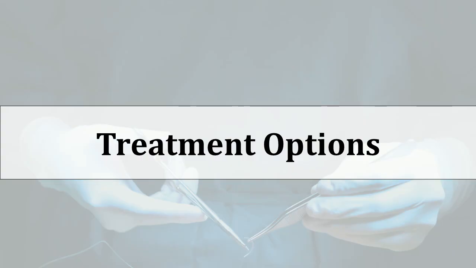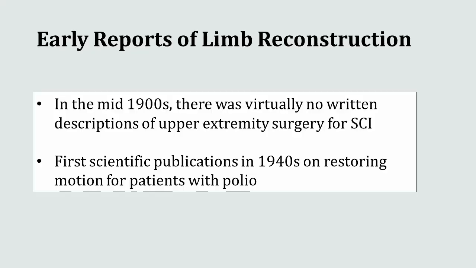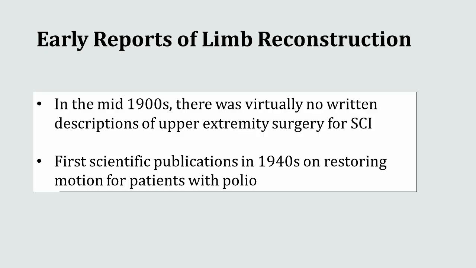So what are the varieties of treatment options that we have at our disposal? So a little history before I get into that. In the mid-1900s, there was virtually no literature, no scientific studies that showed any sort of outcomes for doing upper extremity surgery in spinal cord patients. It wasn't until the 1940s some surgeons started publishing results of treatment of polio patients. And so that's where a lot of the early literature came from.